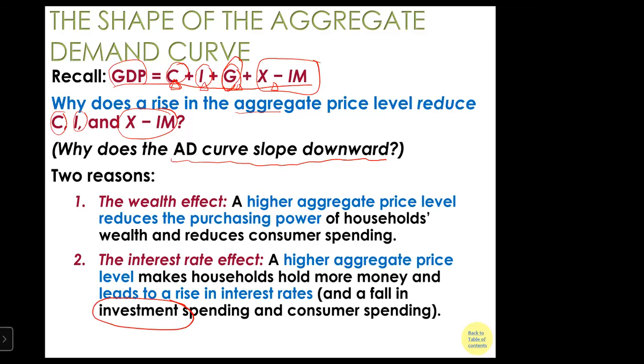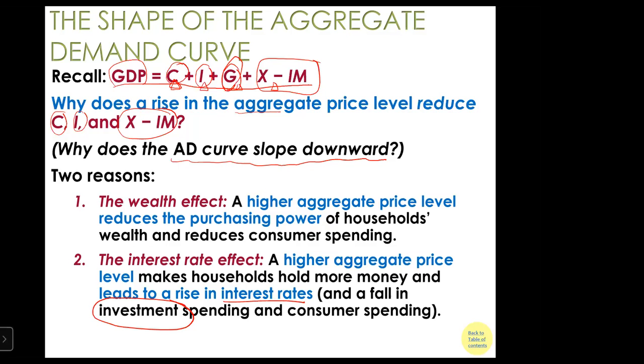So interest rate increase just makes investment more expensive. Just think about mortgage, right? So the rising interest rate or rising mortgage rate is going to make purchasing a house more expensive, right? So that's going to reduce investment.